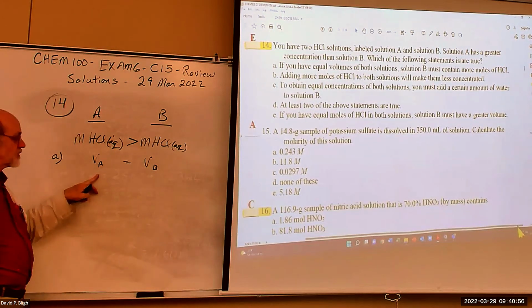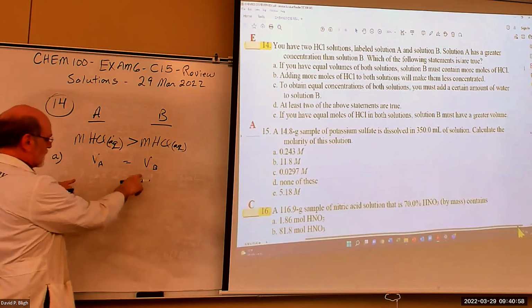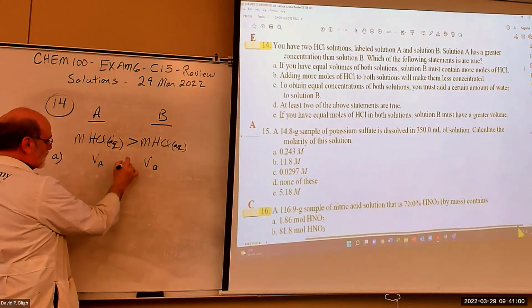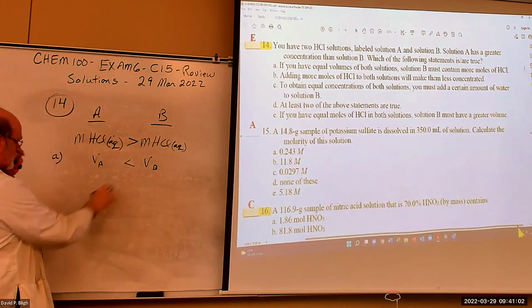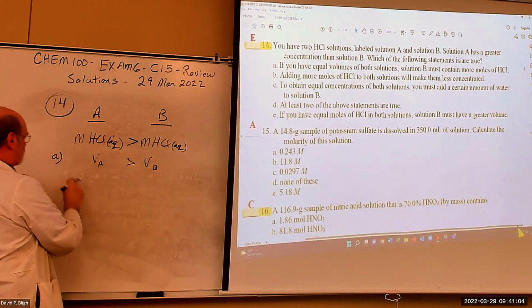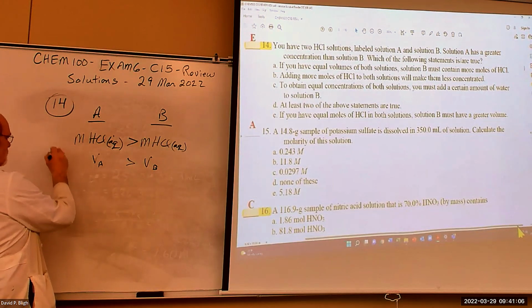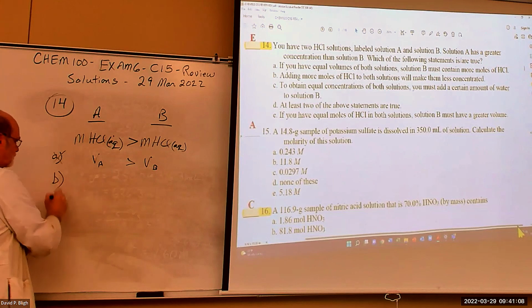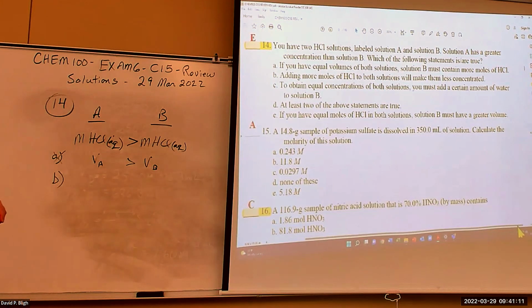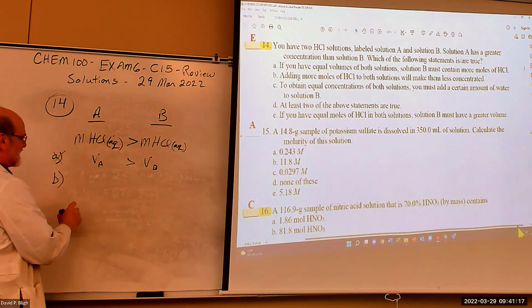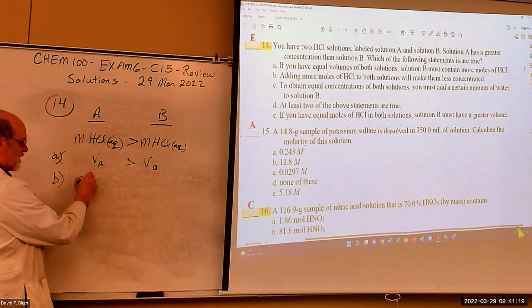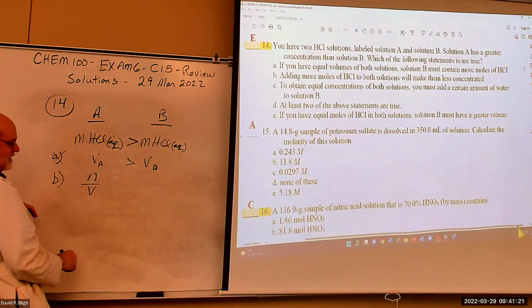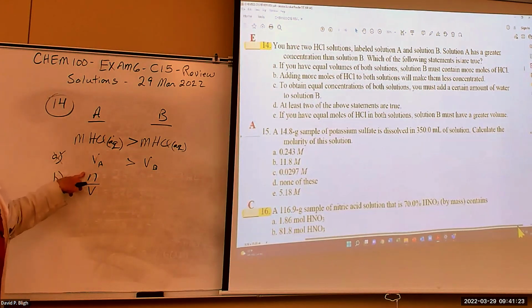If the concentration is greater than equal volumes, then this one's actually going to be the other way. So A is out. How about B? Adding more moles of HCl to both solutions will make them less concentrated. Right, because there's your definition. If you add more moles, you get a higher concentration.